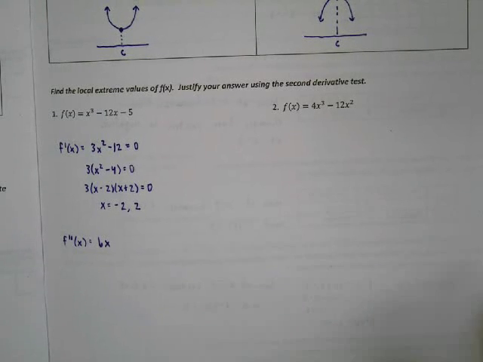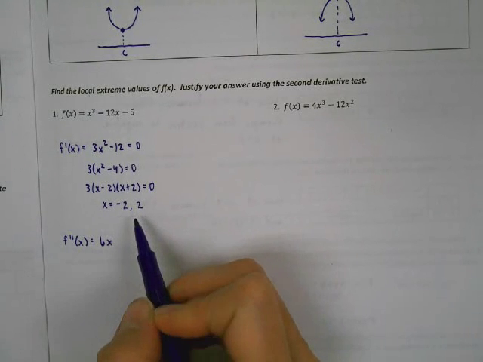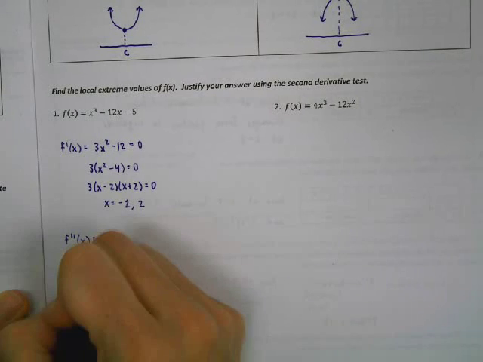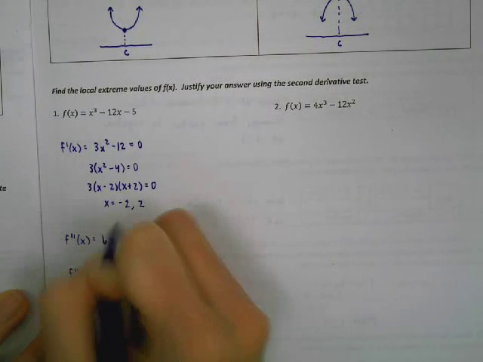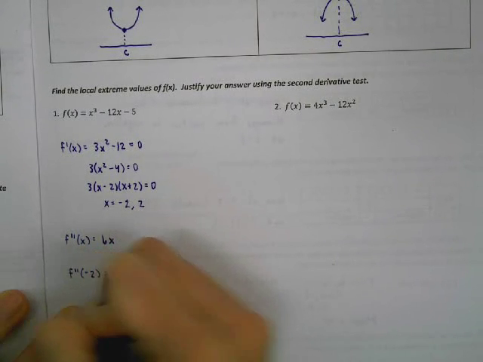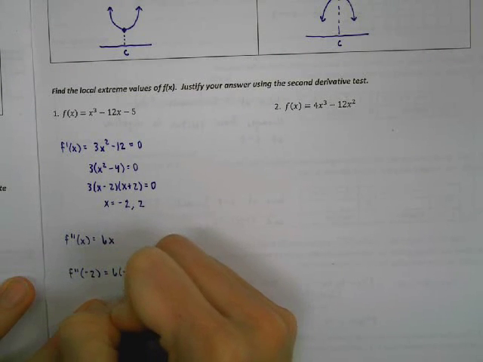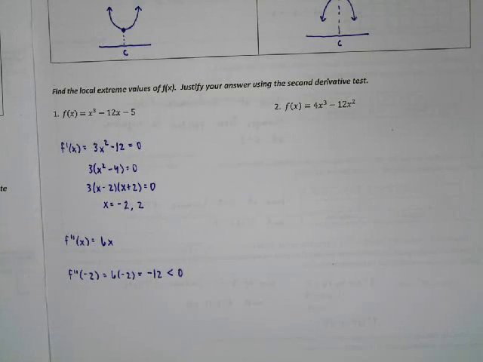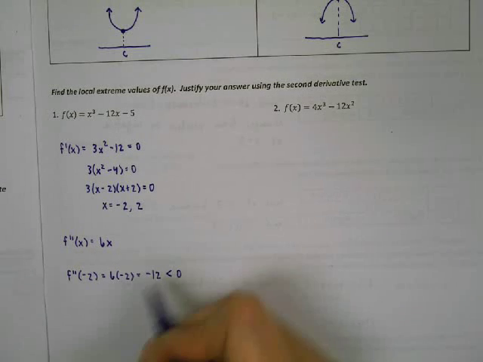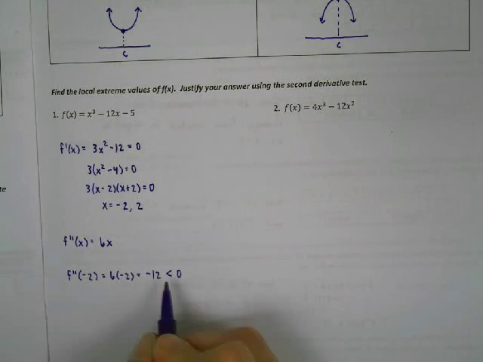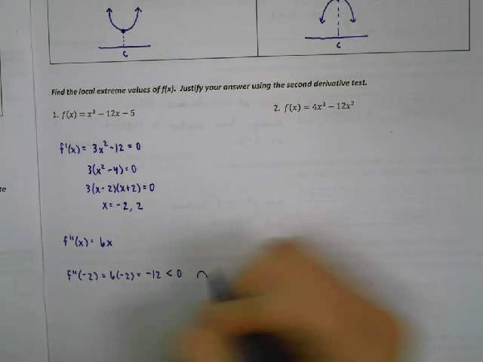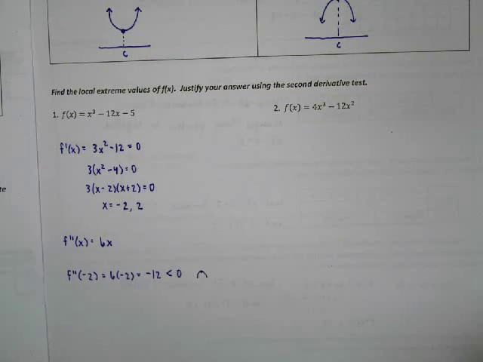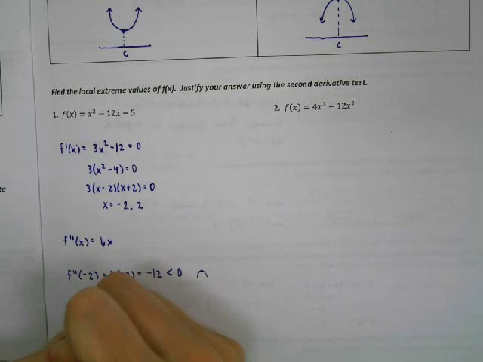So now I'm going to test each one of my critical points here. So first, if I plug in f double prime of -2, we get 6 times -2, which is -12, which is less than 0. So I know at that point my second derivative is less than 0, so I'm concave down, meaning I have a local max.